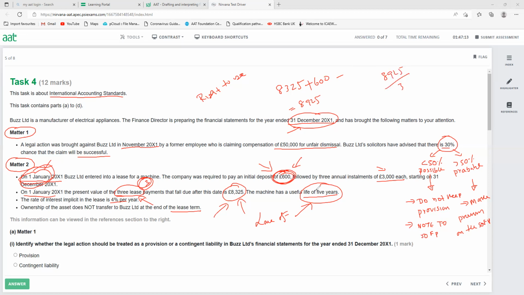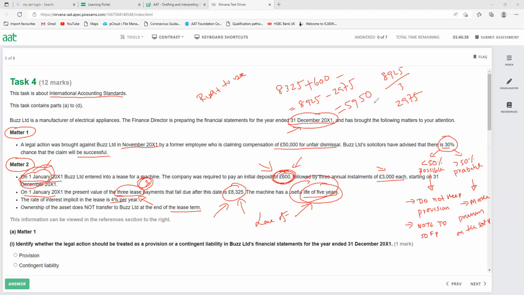Remember that: do not use the useful life of the asset. Always use the lower one between these two. If we divide by that, that gives me 2975. And if we subtract 2975, this amount is what we are going to put on our financial statement when we recognize the asset, that is 5950.